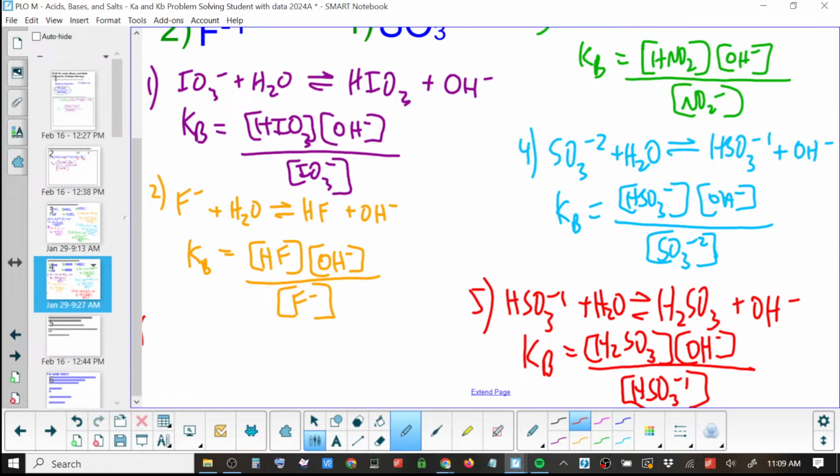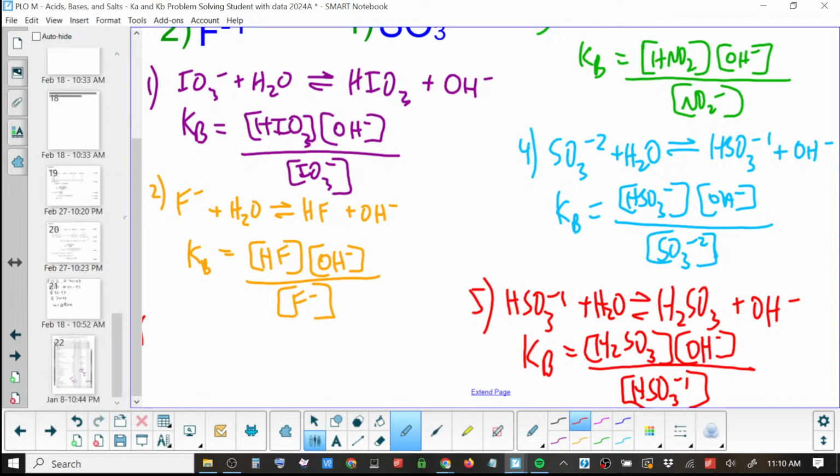How do you know which one to do if you have HSO3 minus and water, and it can be both an acid or a base? How would you know which one it's going to be? Which one's stronger? Look at the table.